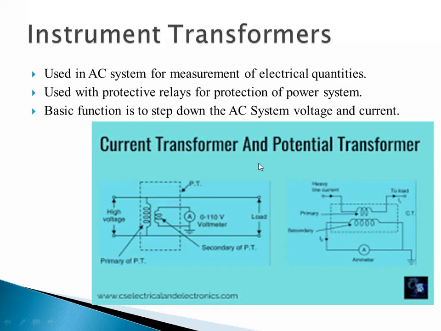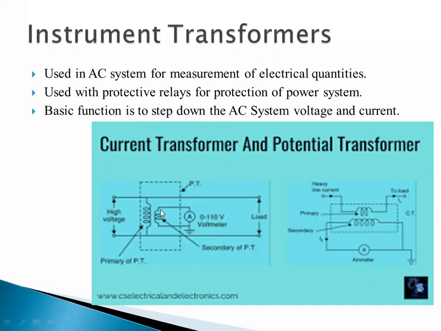So here, you can see the first one is the potential transformer. This is the high voltage. You can zoom the slide and see, this is the high voltage. First it is high voltage, then the potential transformer is there.